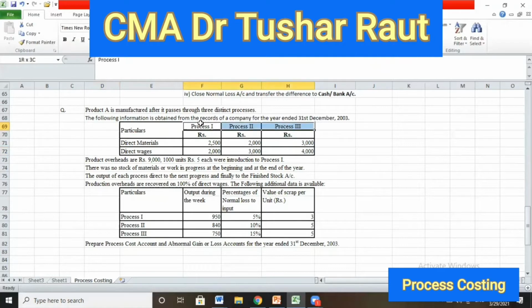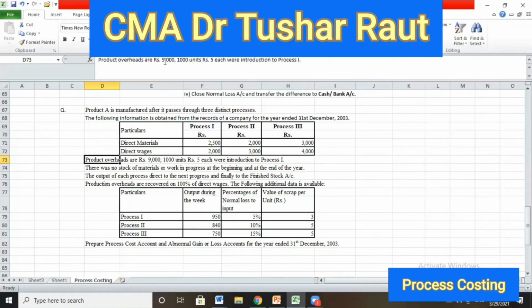Next, production overheads are rupees 9,000. 1,000 units at rupees 5 each were introduced to process 1.